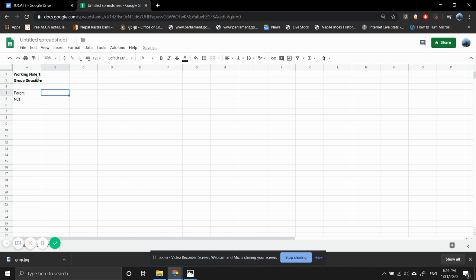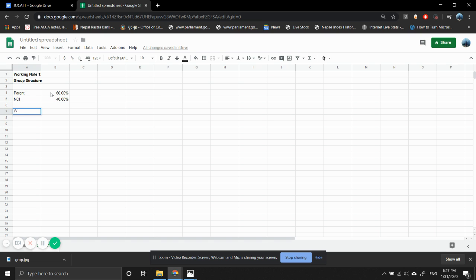Then NCI, right? So what will this be in percentage? So this is 8 plus 52, right? And then this is 60% and then 40%, right?